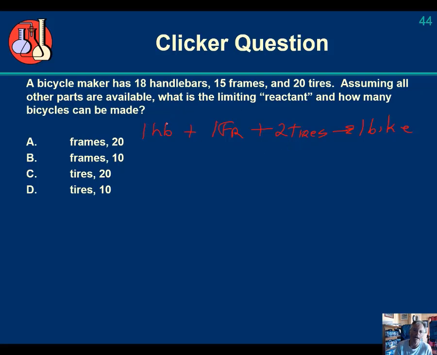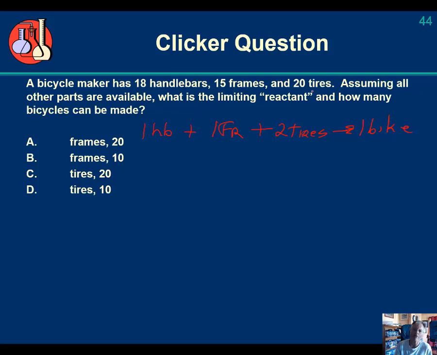On the other hand, I could assume handlebars and tires are in excess and just have 15 frames and do my calculation. Again, it's a 1-to-1 ratio, so in that case I could only make 15 bikes. So between handlebars and frames, 15 is definitely the limiting component.